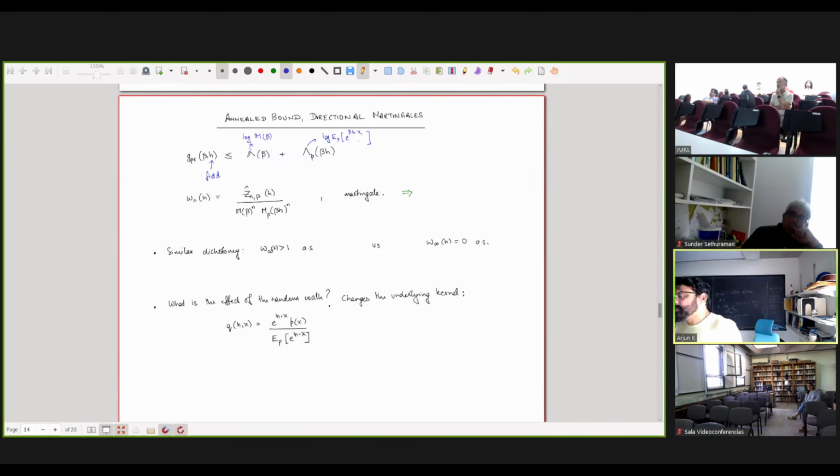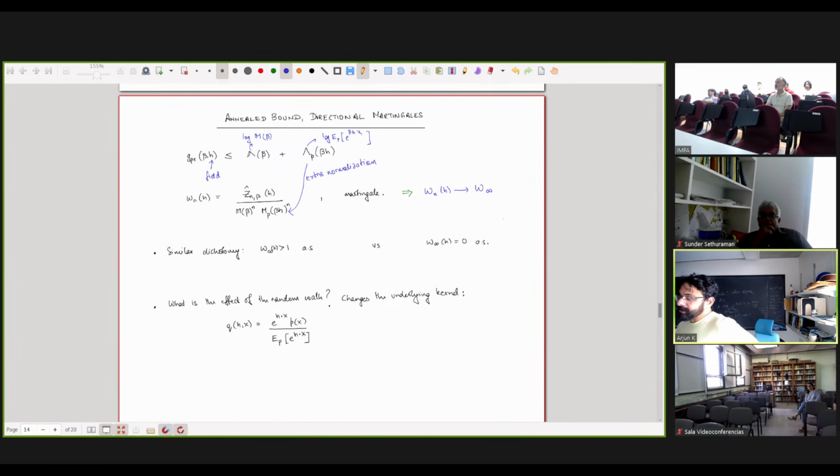And similarly, you can also consider a martingale, like the Bolthausen martingale, where it picks up this extra normalization due to this random walk and the external field. And since it's a martingale, one can show that W_n of h now converges to W infinity of h almost surely.